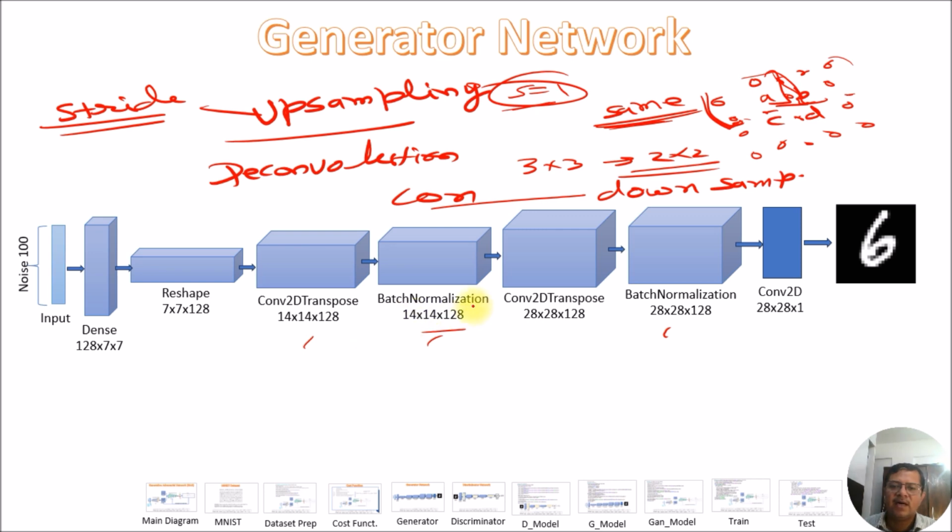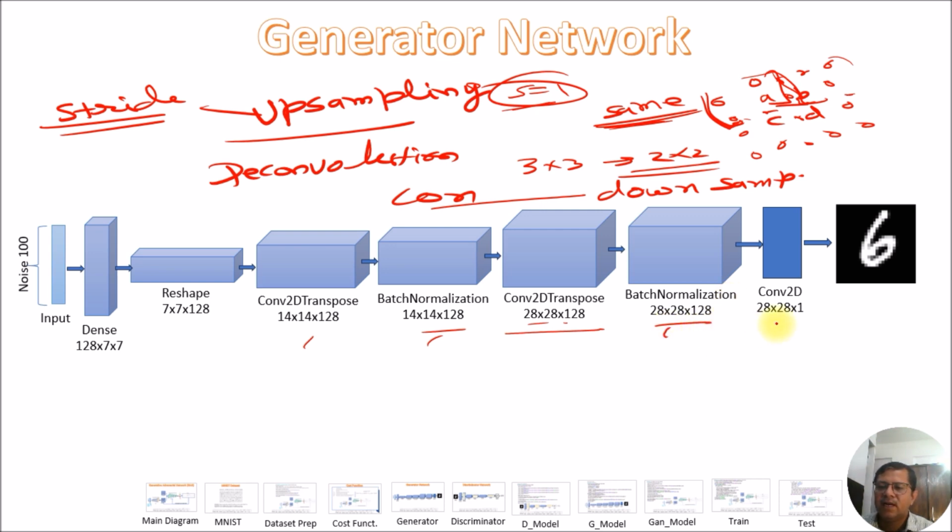Here you can see that after batch normalization, another Conv2DTranspose layer is applied, which does the deconvolution operation and converts the image of size 14 by 14 by 128 to 28 by 28 by 128. Now again a batch normalization layer is applied. I have prepared another tutorial on batch normalization, on how it works, how it affects the internal covariate shift, and why and how it is useful.